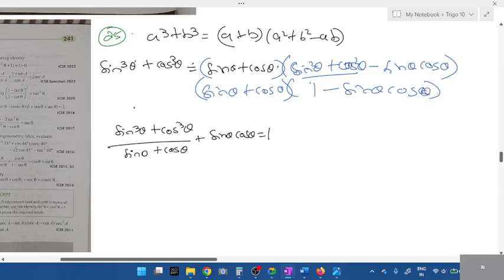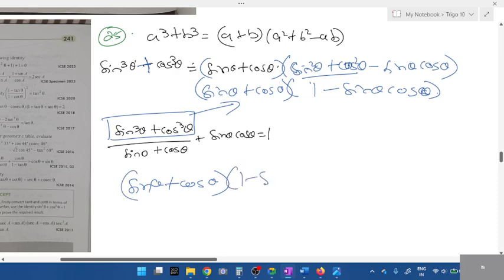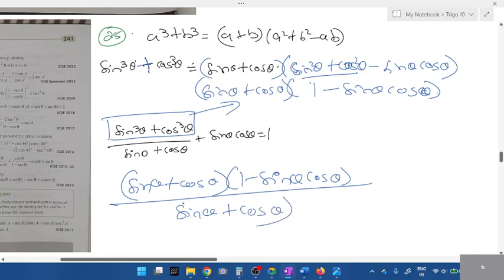Okay. So in 2024 they can ask minus, they ask plus. They can ask minus. Now let's substitute, students. Can you see this? In place of this, what do you have to write? This value, cos theta into 1 minus sin theta cos theta divided by sin theta plus cos theta.